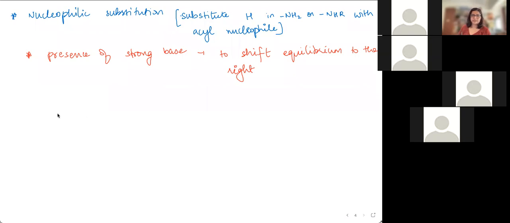So let's take what happens in a primary amine. This is a primary amine, and R dash C double bond O, let's say Cl. This is an acid chloride.